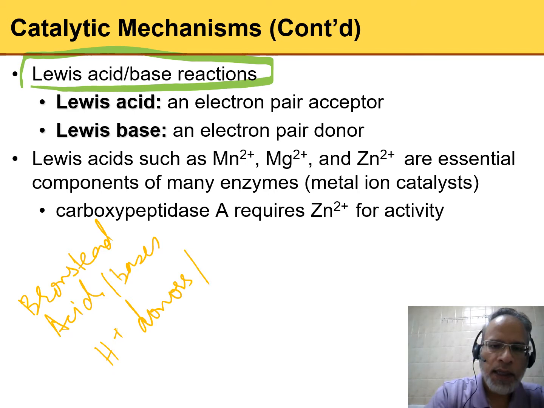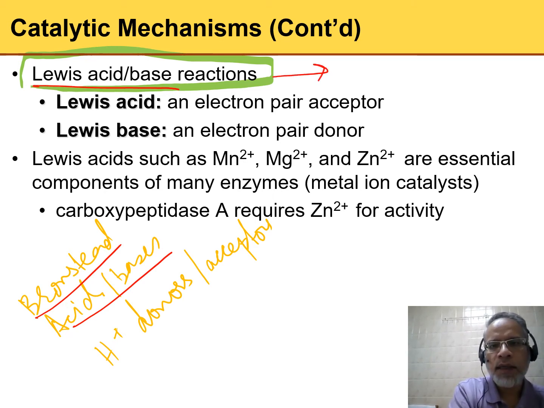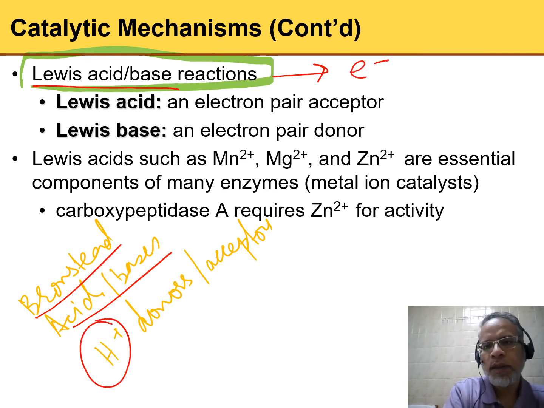Okay. So this is Bronsted acid-bases, but you can also have Lewis acids and bases, and as shown here, these are not working with protons, they are working with electrons. And just like an acid is a proton donor, they could be electron acceptors.